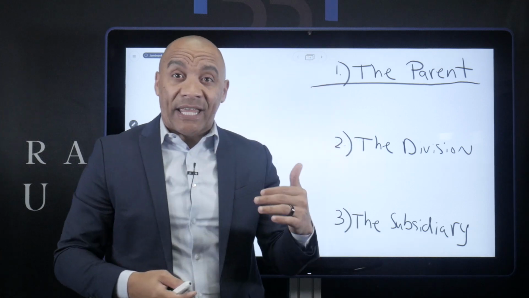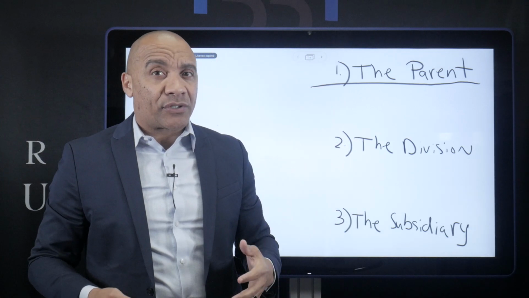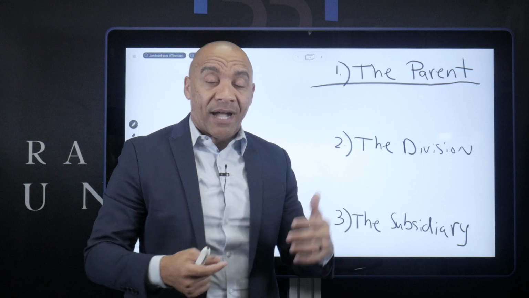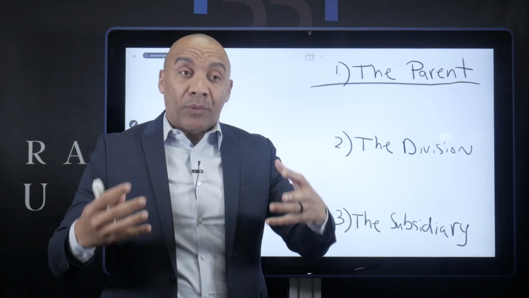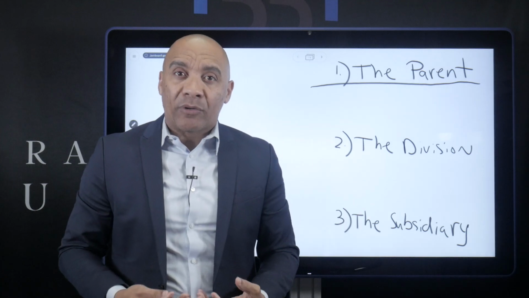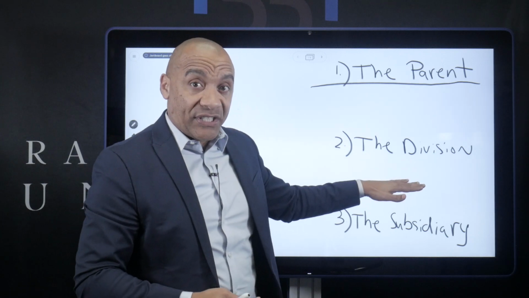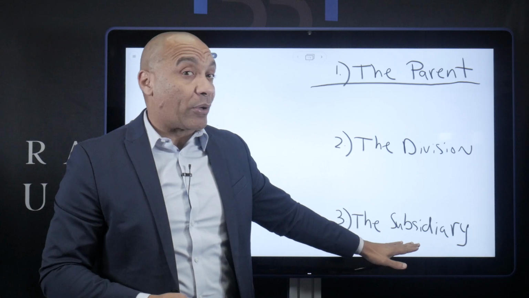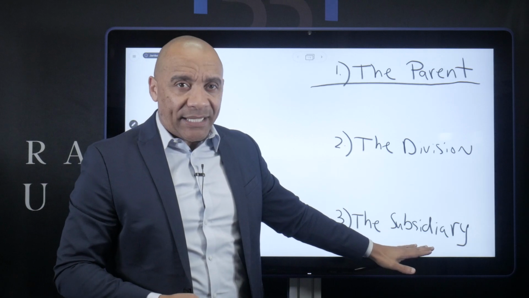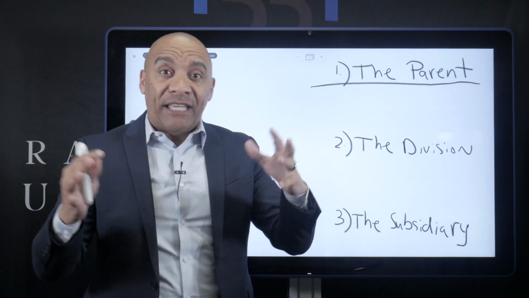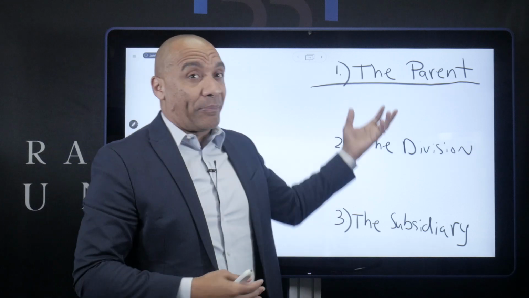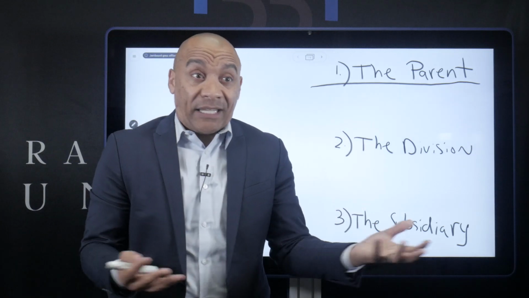This is the first layer to your entity structure. So you will stand at the top of the holding company. The holding company by default becomes the parent. Why? Because it is going to give birth to things called divisions, and it is going to give birth to things called subsidiaries.